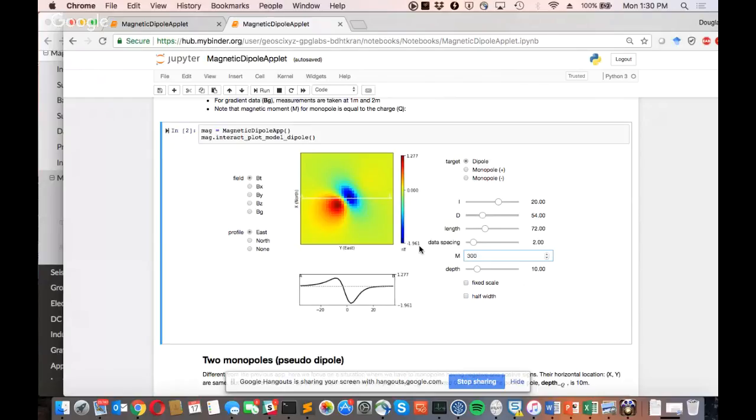Here's our magnet, and here's our distance r, and the field falls off as 1 over r cubed, but also depends on m.